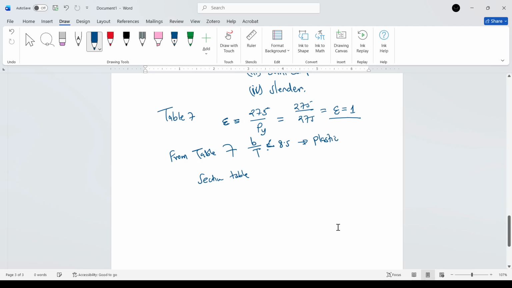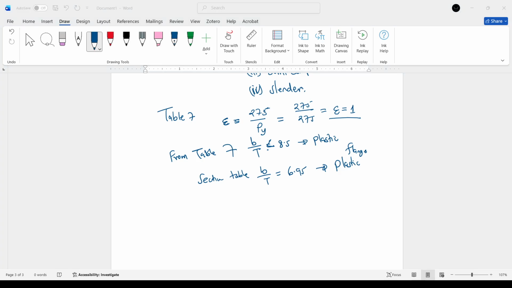And we saw from the section table that B over T is equal to 6.95. So this is plastic. We conclude that the flange is plastic.